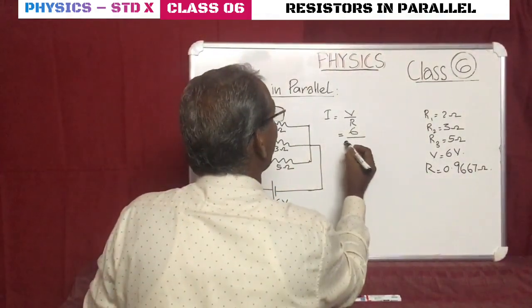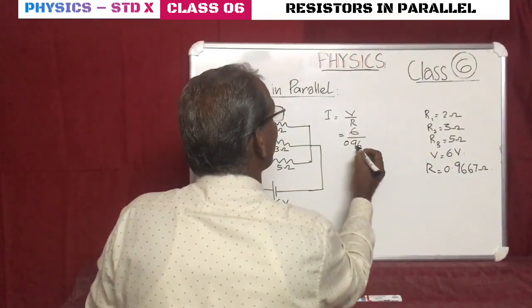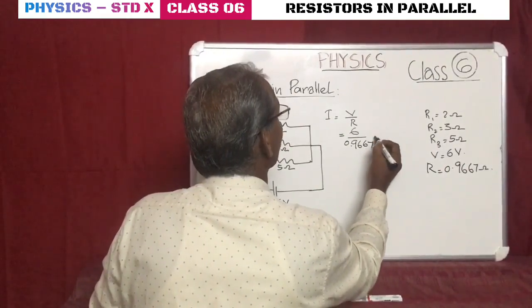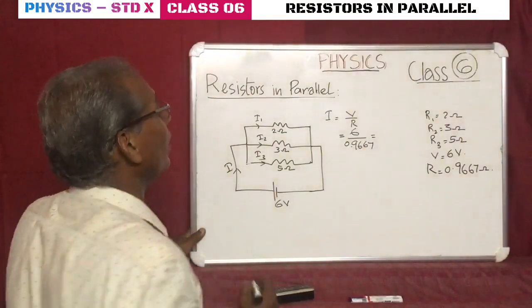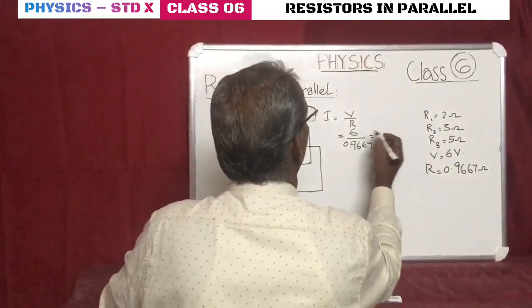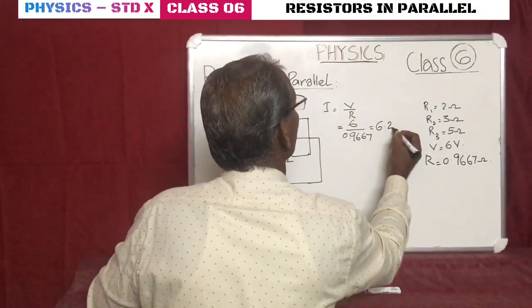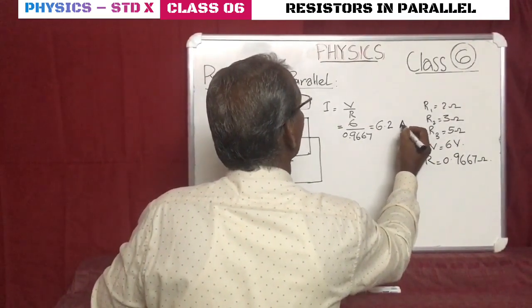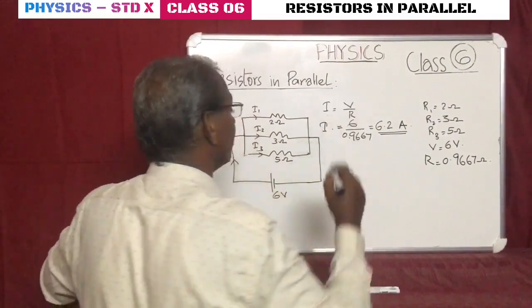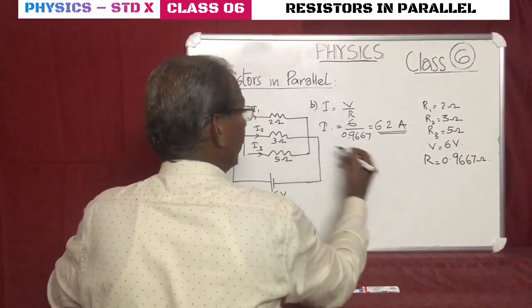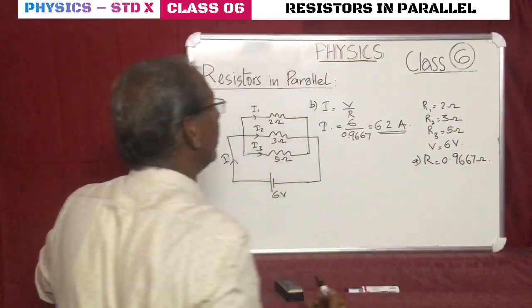That is 0.9667, which will give you a current of 6.2 ampere. This is B. This is answer A.